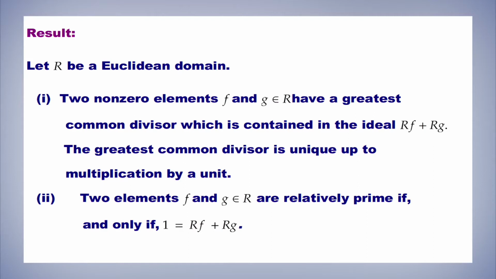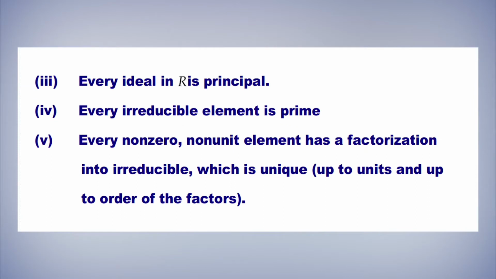Number 2, two elements F and G belonging to R are relatively prime if and only if 1 equals RF plus RG. Every ideal in R is principal. Every irreducible element is prime. Every non-zero, non-unit element has a factorization into irreducibles, which is unique up to units and up to the order of the factors.